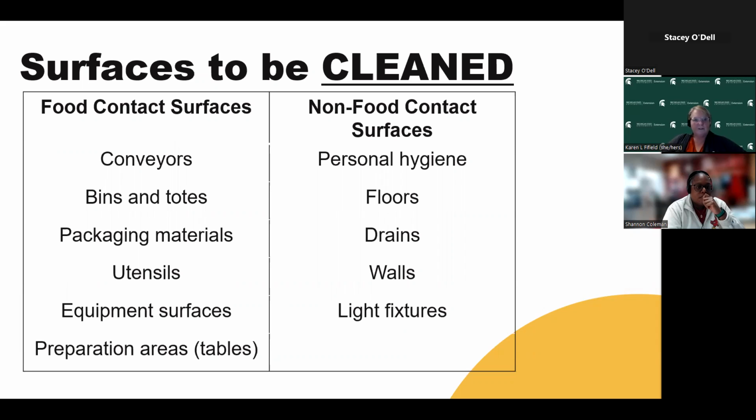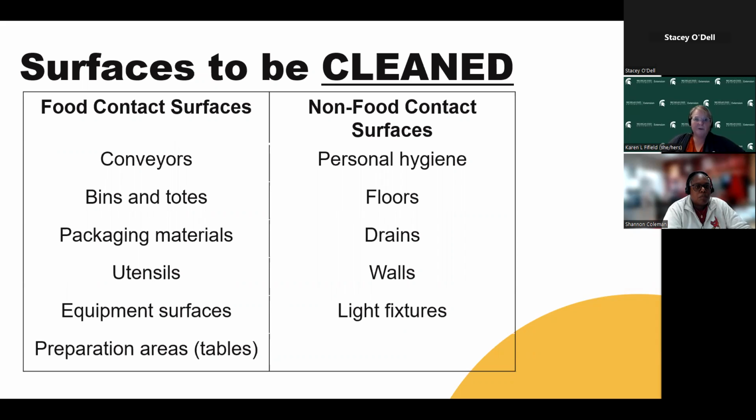Bins and totes that carry the product, packaging materials, utensils, and listed here are examples of non-food contact surfaces. So those were our food contact surfaces, and now our non-food contact surfaces would possibly be things like personal hygiene, floors, drains, walls, light fixtures.